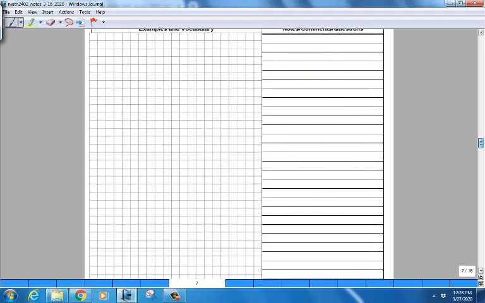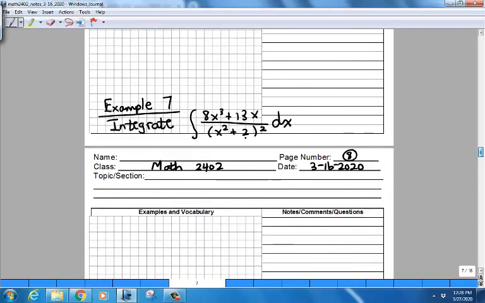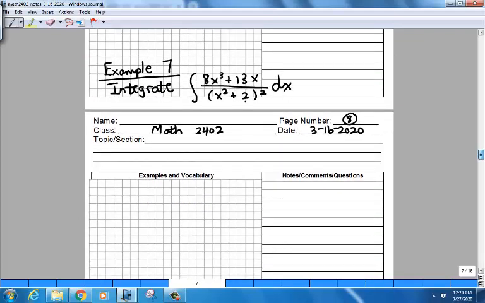All right, let's try another one here. You can already see this one looks pretty complex. So there is going to be a little bit of work involved here, but notice that this denominator is already factored, as factored as we can make it, because we already have x squared plus 2 squared.